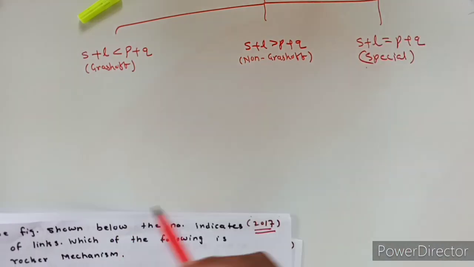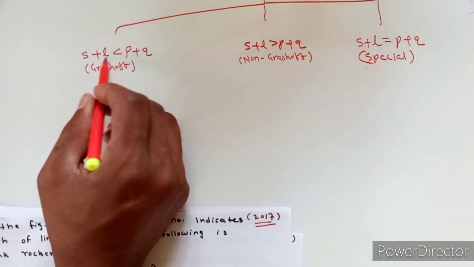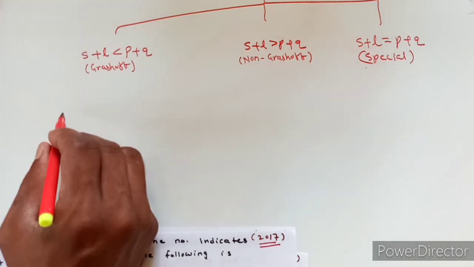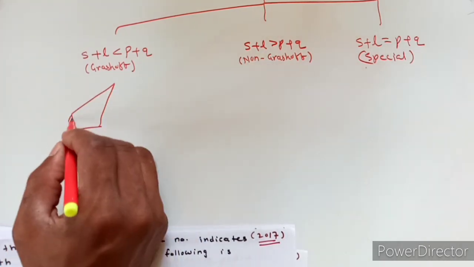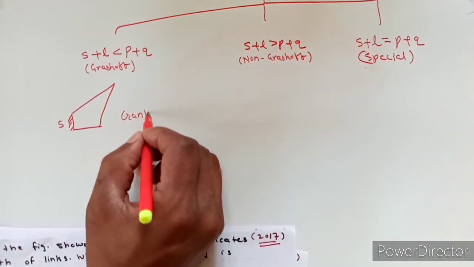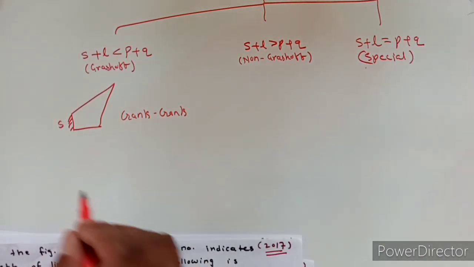Now I am telling you how to solve such kinds of problems. First of all, in a mechanism, if S plus L is less than P plus Q and you fix the shortest link, we get a double crank mechanism. What we get? We get double crank if we fix the shortest link.